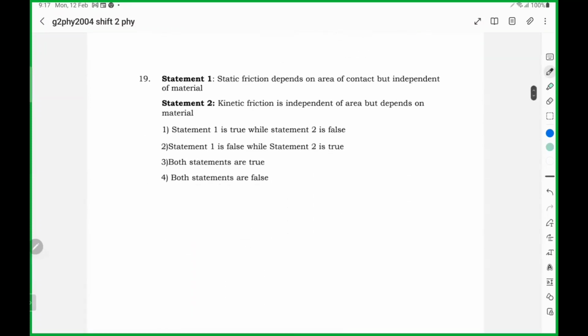Static friction depends upon area of contact but is independent of material. This is a wrong statement. Here, suppose it is a body of mass m; here it is mg, the normal reaction, and the static frictional force. Suppose it is 10 kg, the frictional force will be mu s into 10g.